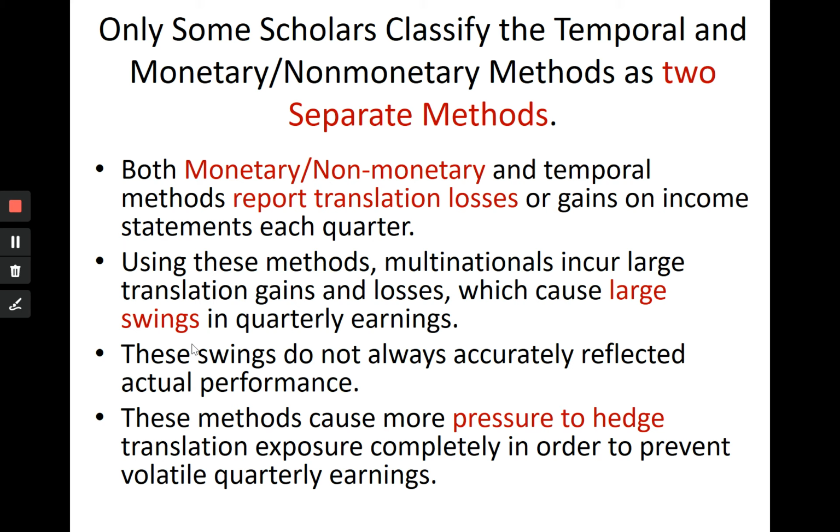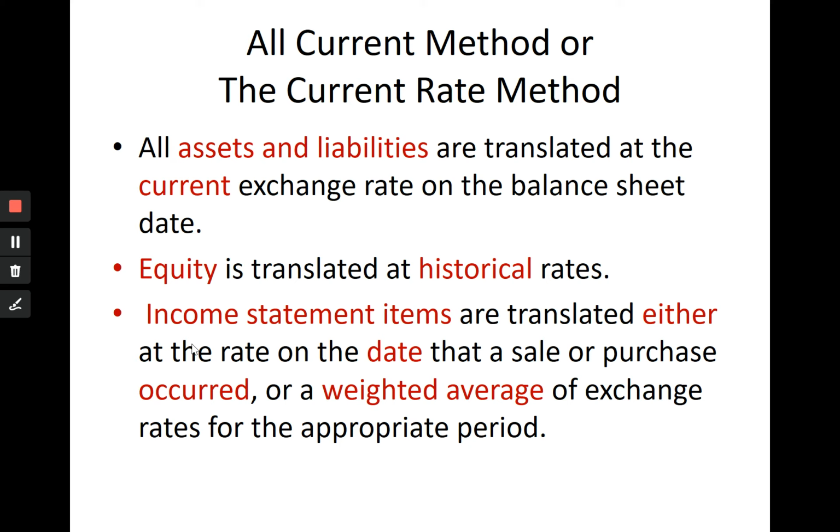So government, by their translation method, makes a multinational company lose money. To address this large swings in quarterly earnings due to translation, U.S. government will move to its current method. And no pun intended, but the current method is also called the current translation method, the current rate method.